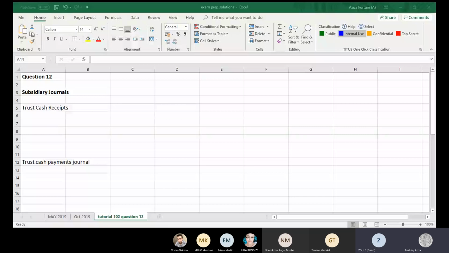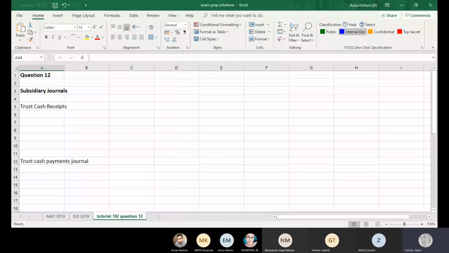Okay, everybody done reading? Let's begin. What goes into my trust cash receipts journal? And you need to tell me also why.